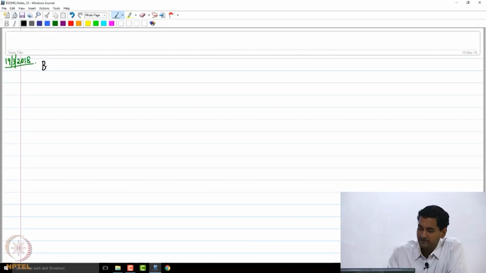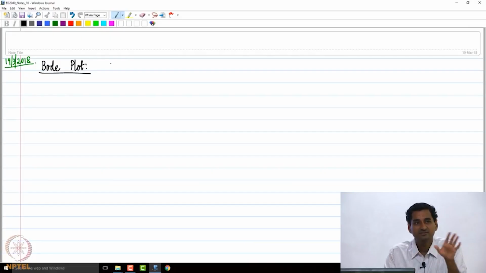Let's continue. We are looking at the Bode plot, or the Bode diagram. If you recall, we saw that the Bode plot has two plots, a magnitude plot and a phase plot.